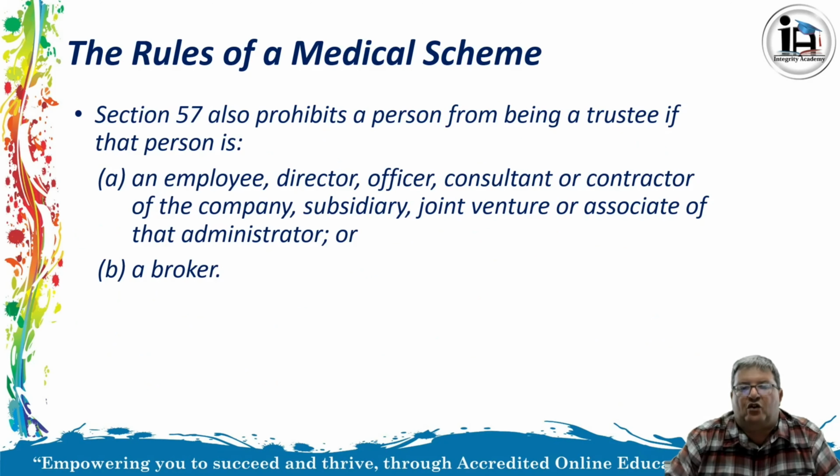Section 57 also prohibits a person from being a trustee if that person is A, an employee, a director, officer, consultant, or contractor of the company, subsidiary, joint venture, or associate of that administrator, or B, a broker.